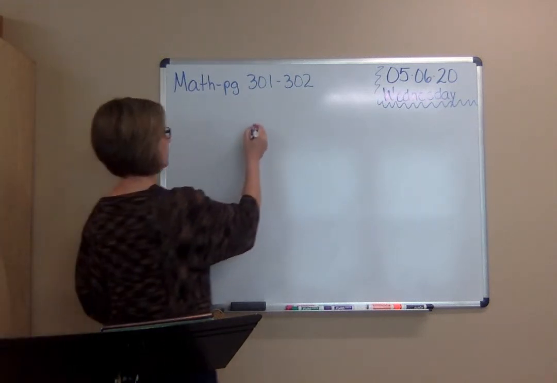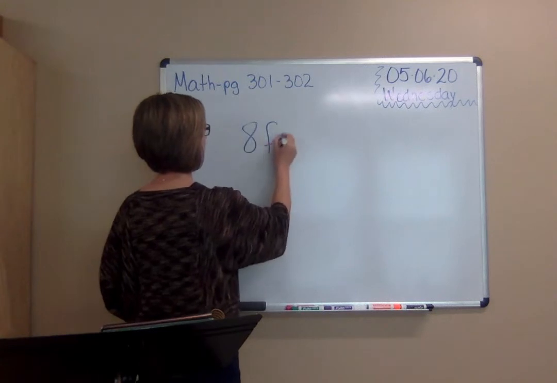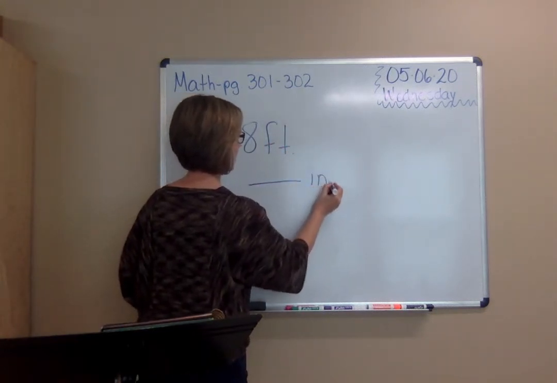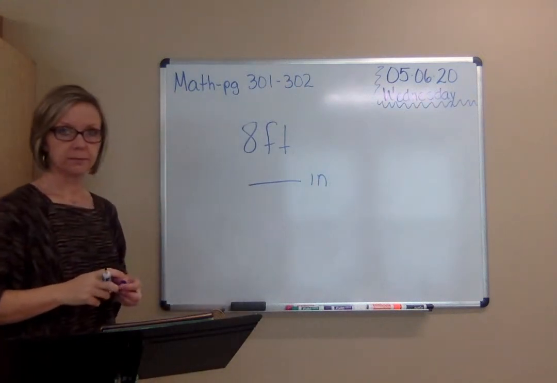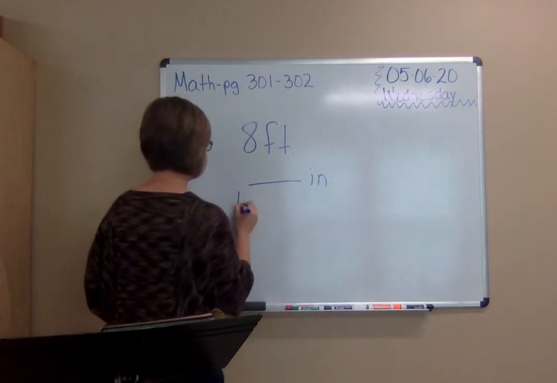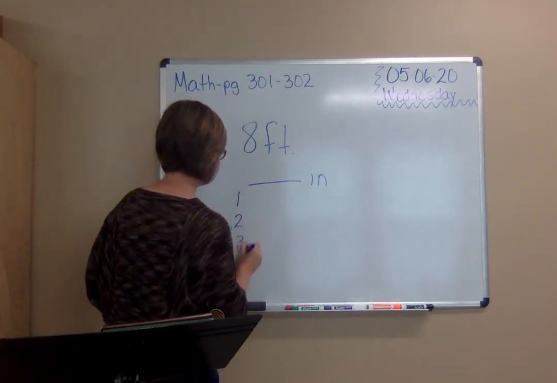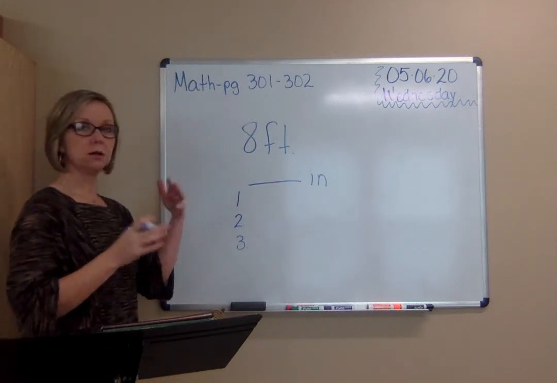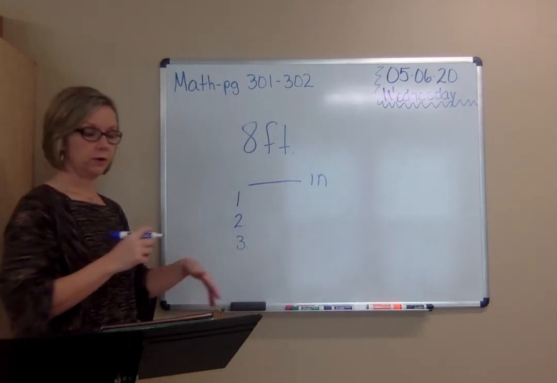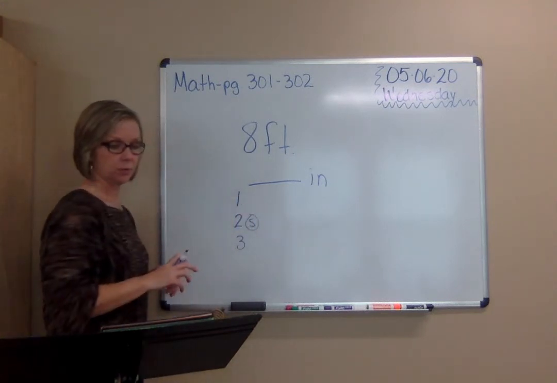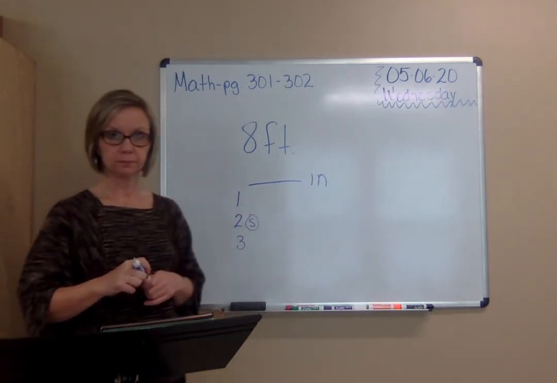You're going to convert 8 feet into inches. Okay? So you're going to look at that and you're going to come under and 1, 2, 3. Just like we would do. Are you going from larger to smaller, smaller to larger? Figure out step number 2, your special number, and then number 3, work the problem. Okay?